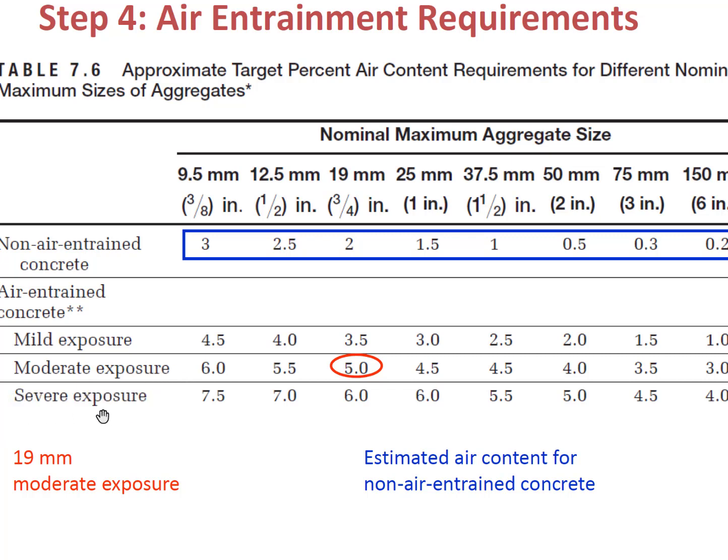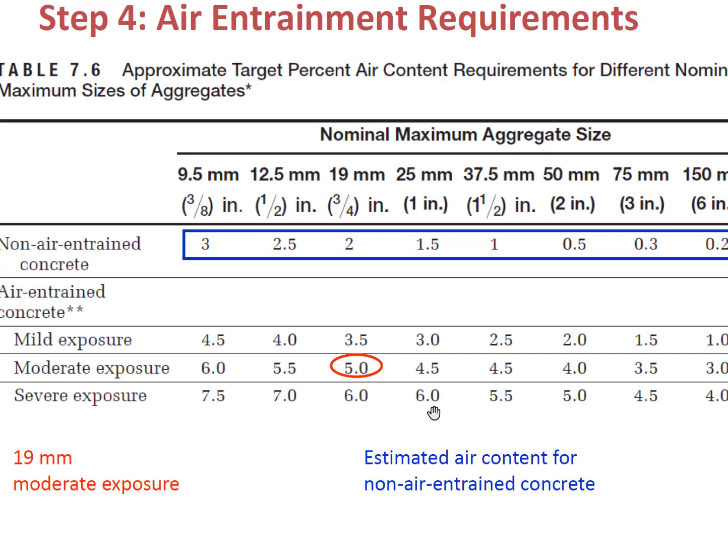And the severe exposure is where the concrete is exposed to de-icing salts, saturation, or free water. So that's the condition actually applies to this problem. So we have severe exposure, and then we have 1 inch nominal maximum aggregate size.